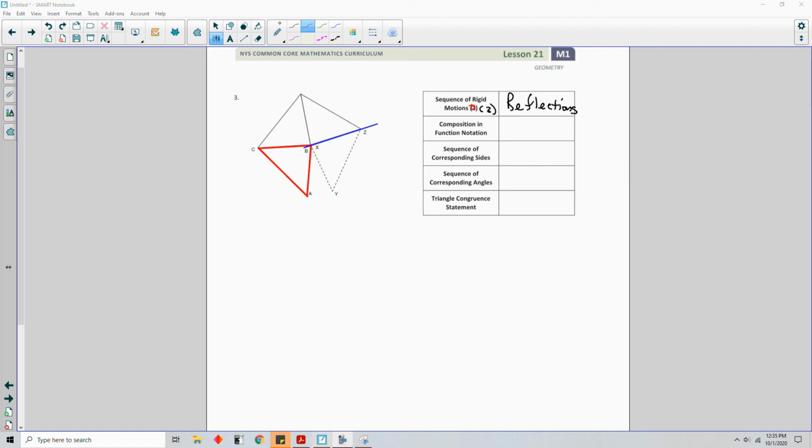Okay, so remember, we are working backwards. The last thing we reflected across was XZ. Reflection is lowercase r. So you'd say r, reflection, across, XZ, segment.